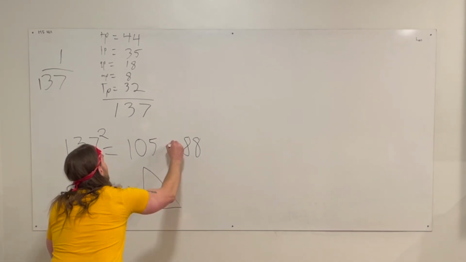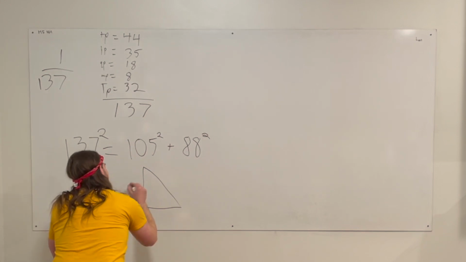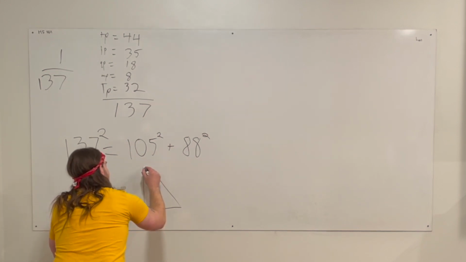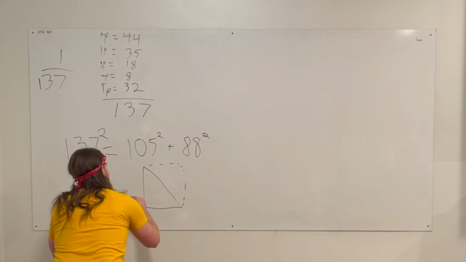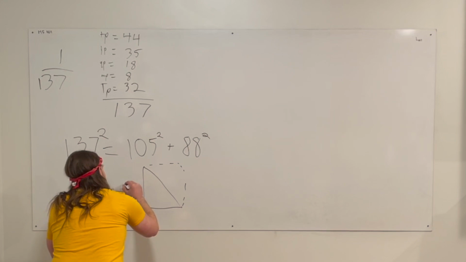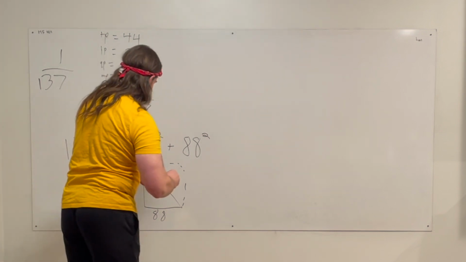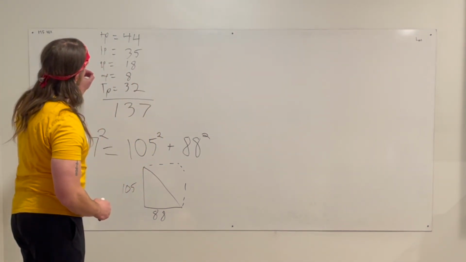I believe they are both squared. Okay, so basically in this case, if we were to try to figure out how to square this, we have our a squared, so we'll do 105, we'll do 88.